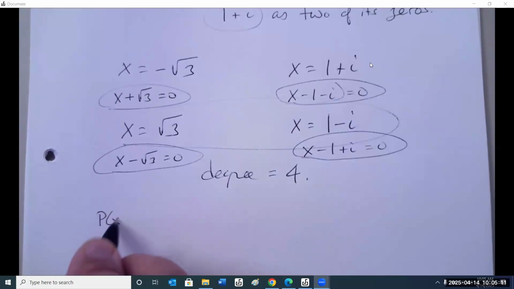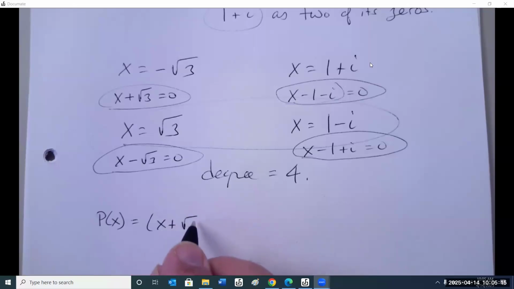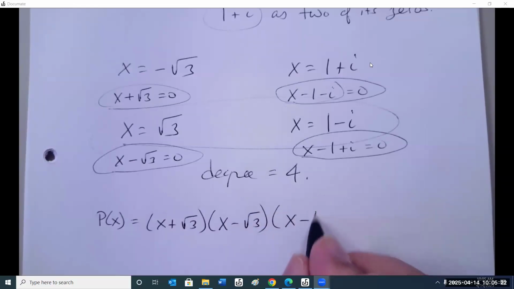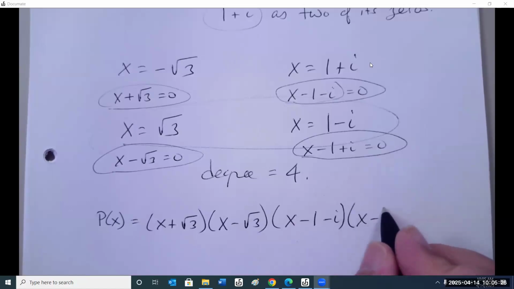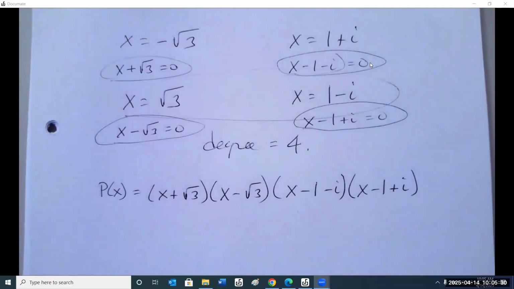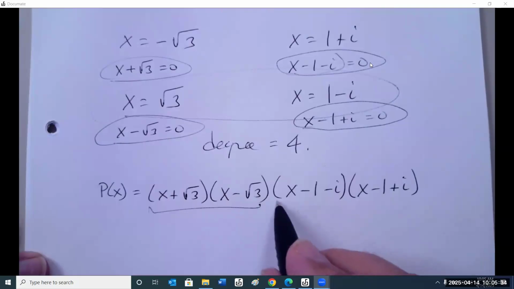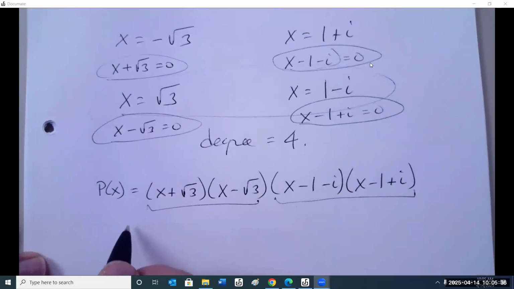So our polynomial will be x plus radical 3, x minus radical 3, x minus 1 minus i, x minus 1 plus i. So multiply these two sets together.